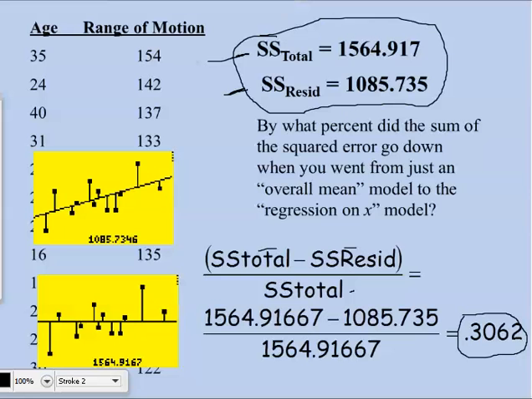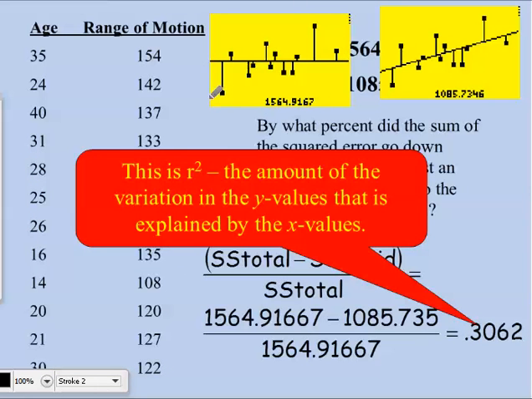That's what we're talking about when we're talking about the r squared. This is the r squared amount for the variation in the y values that is explained by the x values. We're saying 30% of the y values are explained by the age.